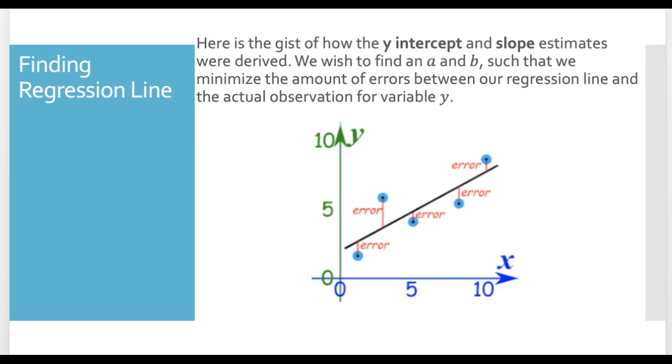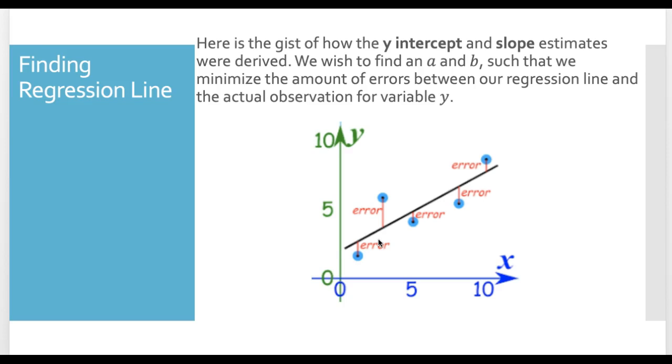We picked this line such that the errors between our line and observations are minimal. The ones that we see given in StatCrunch, and the ones that we'll calculate in the next slide, are all guaranteed to give us the best y-intercept and slope estimates such that we minimize these errors.